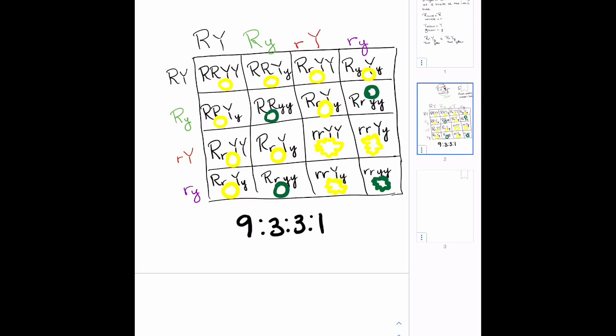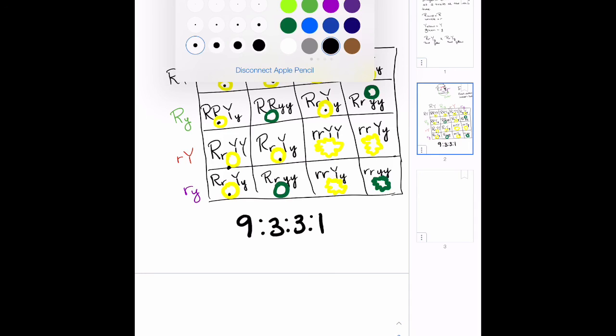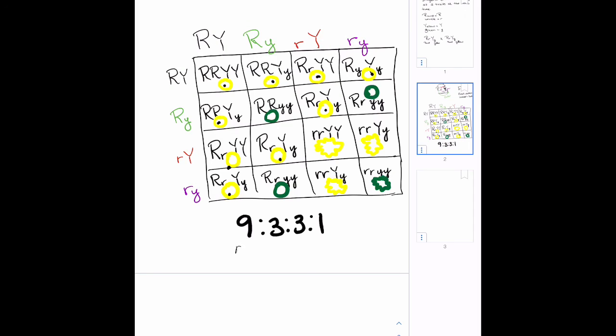Well, if I count these, let's see how many round yellows I have. 1, 2, 3, 4, 5, 6, 7, 8, 9. So that gives me 9 round yellow. Okay, well then, how many yellow wrinkly ones do I have? 1, 2, 3.